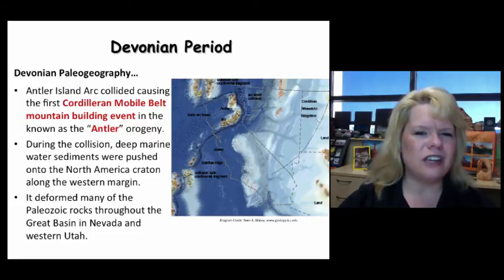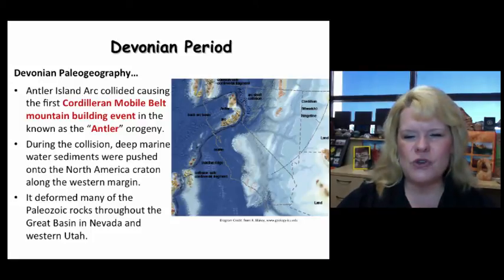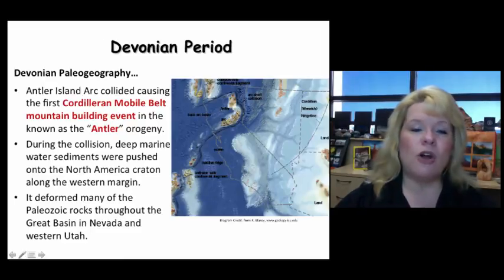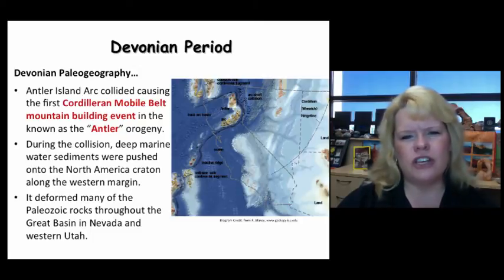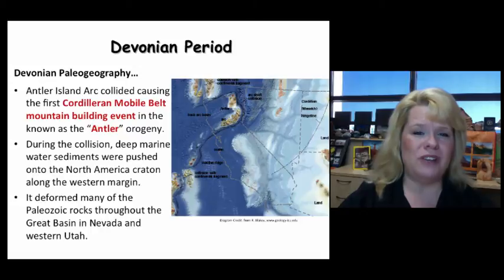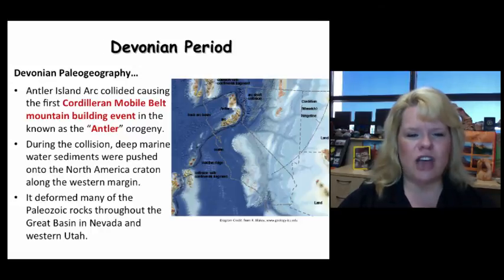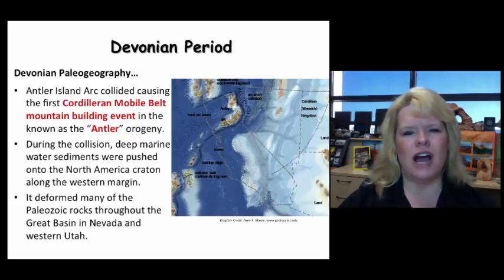That's all fixing to get squashed up as soon as this island arc smashes into what we would call Nevada area today and even parts of Idaho. So in Utah, it's going to squash into parts of Utah and Nevada. So this is going to cause some major uplift, and understand that all those marine sediments are going to get shoved up onto these Antler highlands.